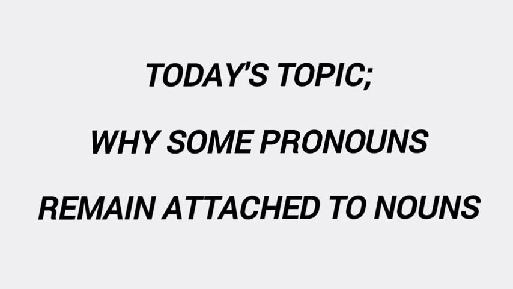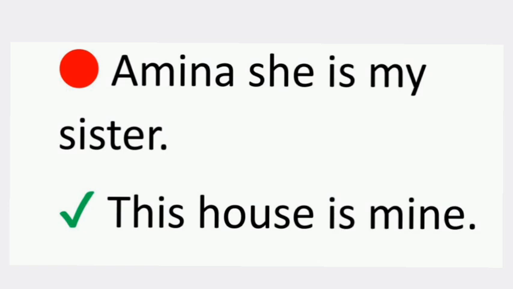If you would recall, during the last lesson we tried talking about a very common situation where we have a noun and a pronoun combined in the same sentence structure. For example, when we have she and the name and the noun. For example, Amina and she. Amina, she is my sister.